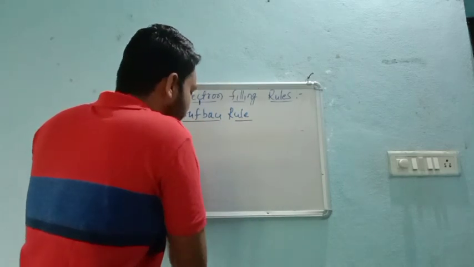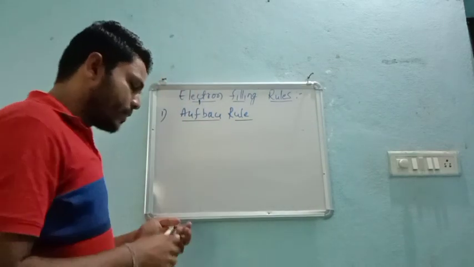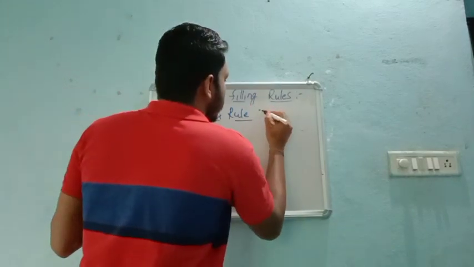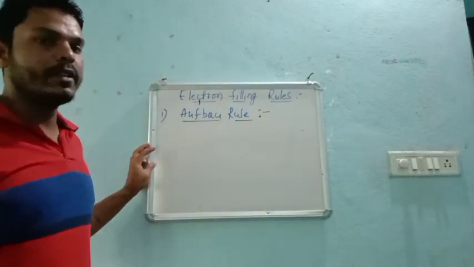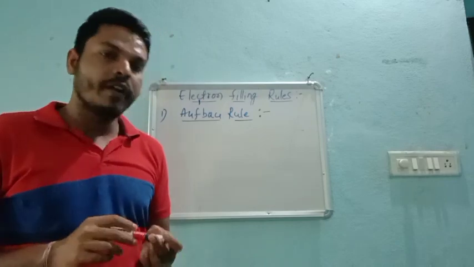The Aufbau rule is very important, and it is a very basic part of filling electrons in the different subshells.